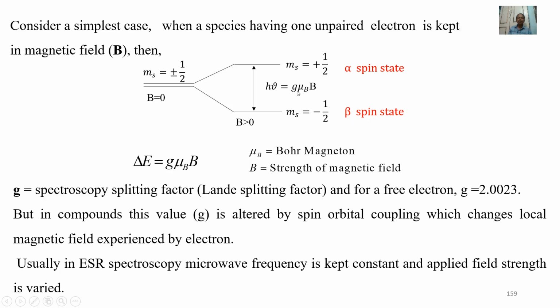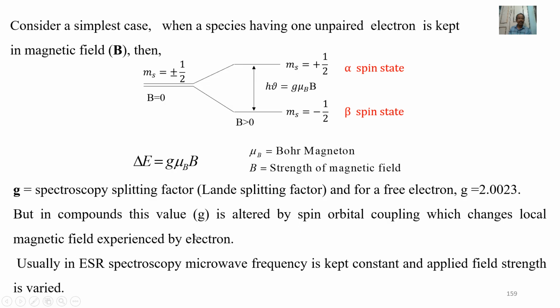Here μB is the Bohr magneton and B is the strength of the magnetic field, where g is the spectroscopic splitting factor, or g factor, or Landé splitting factor, and for a free electron the value is g = 2.0023. But in compounds, this value g is altered by spin-orbit coupling, which changes the local magnetic field experienced by the electron.